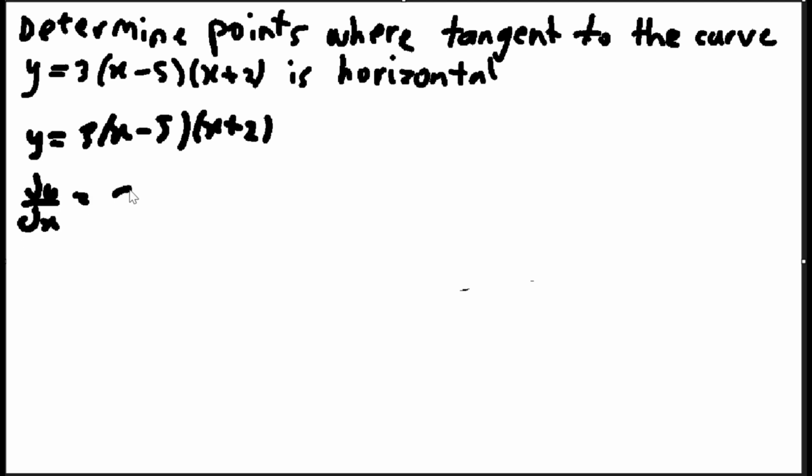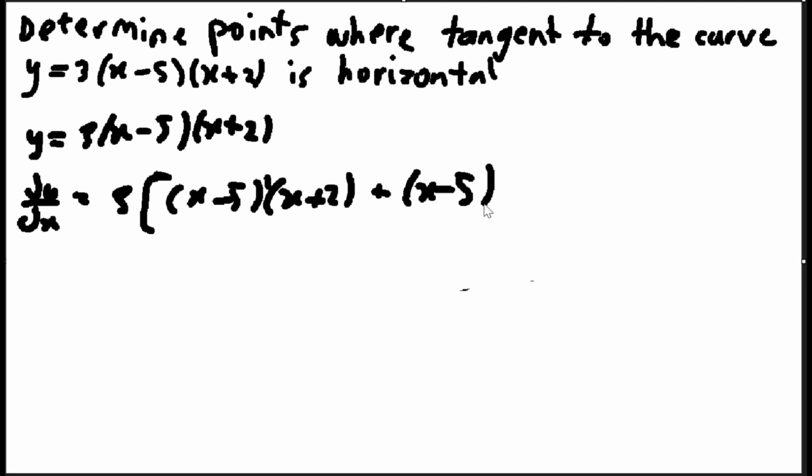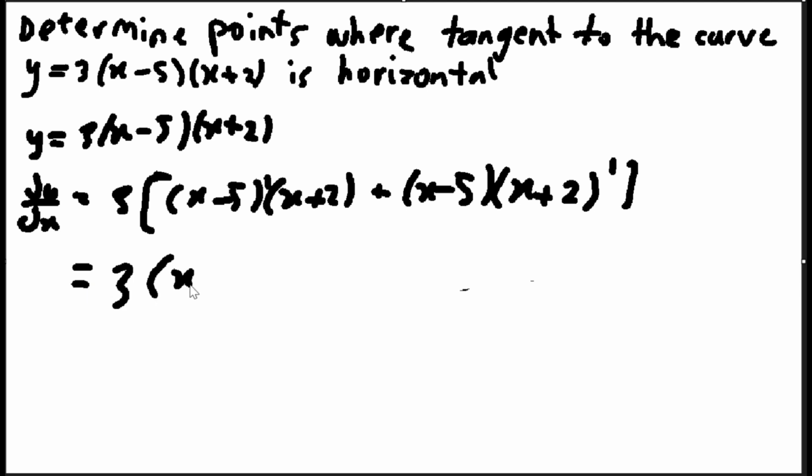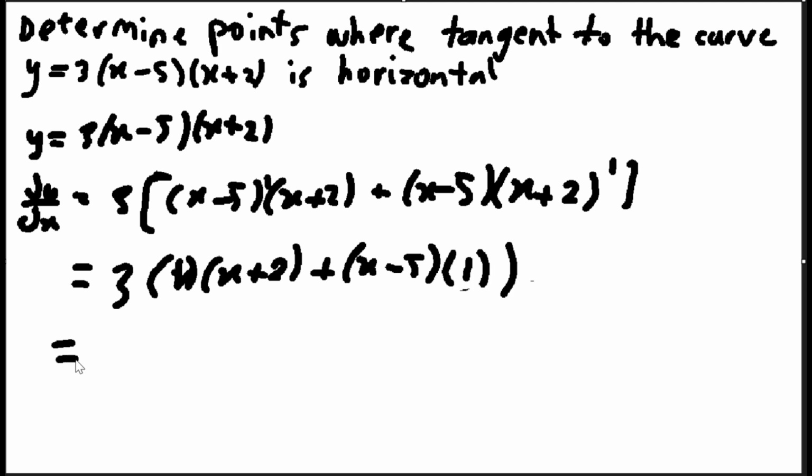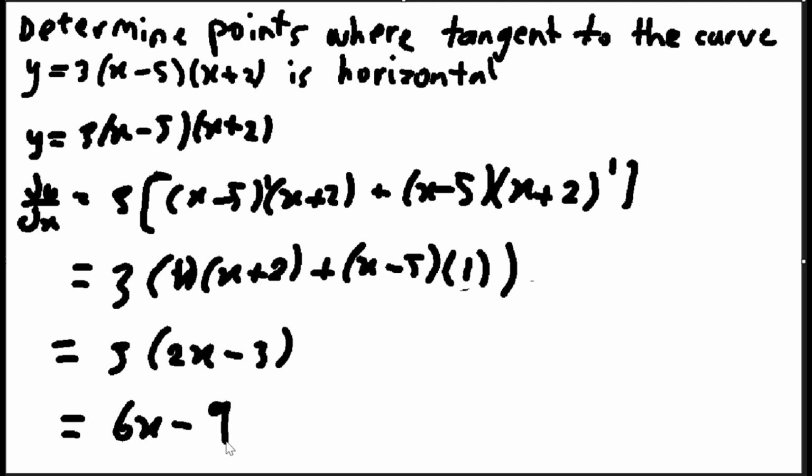So dy/dx would be 3[(x minus 5)' times (x plus 2) plus (x minus 5) times (x plus 2)'], in which it would be 3[1 times (x plus 2) plus (x minus 5) times 1]. And if you simplify, it will be 3(2x minus 3), in which the equation would be 6x minus 9.